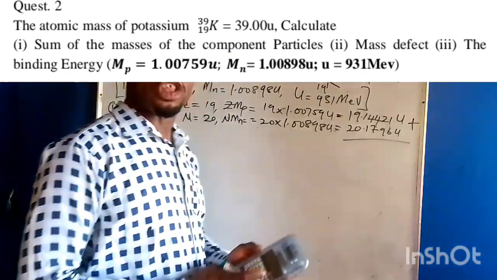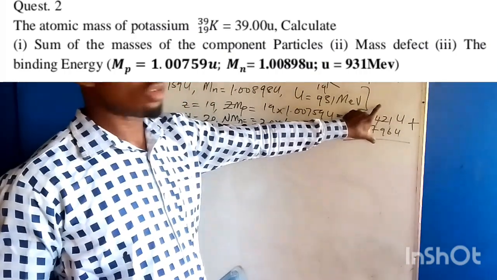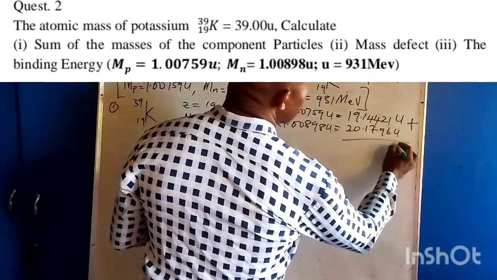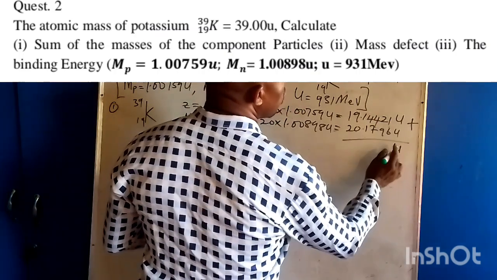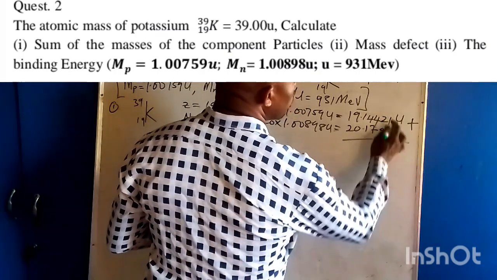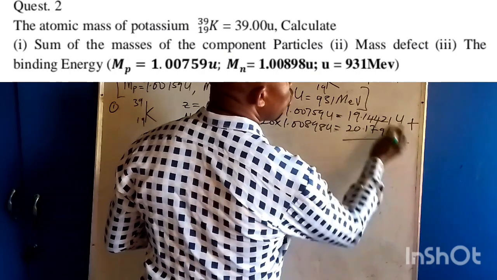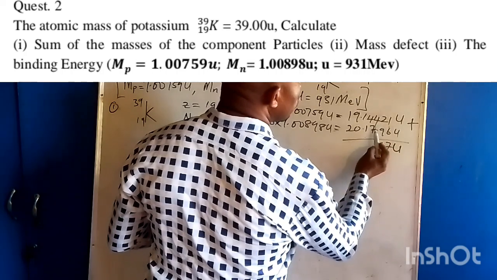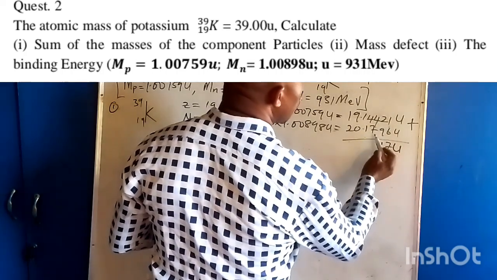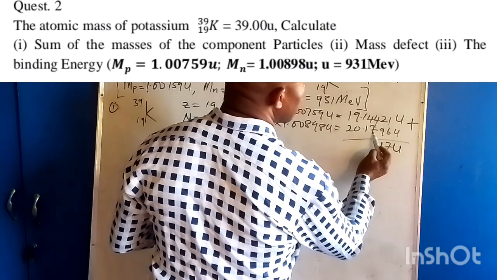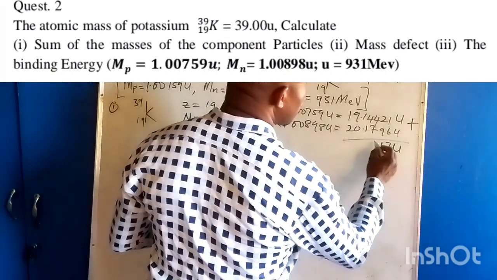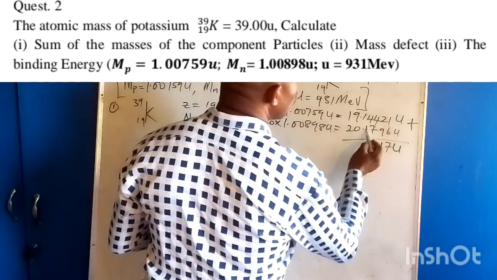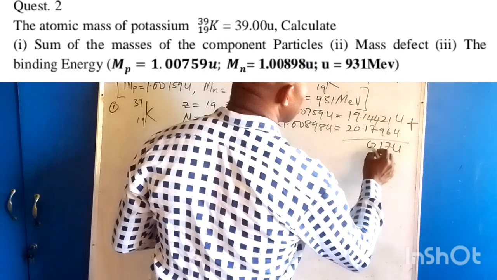So the sum of the individual masses of the particles is this. Once we add the two together, we bring down U here. 1 plus 6 will give us 7. This one will give us 11. Write 1, carry 1. This one will give us 7 plus 9 is 11, 11 plus 1 is 12. Carry 1. 5 plus 1 is 6.